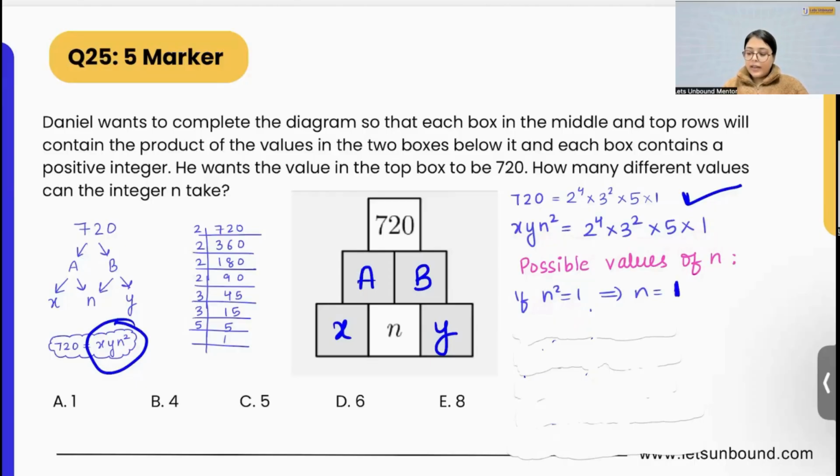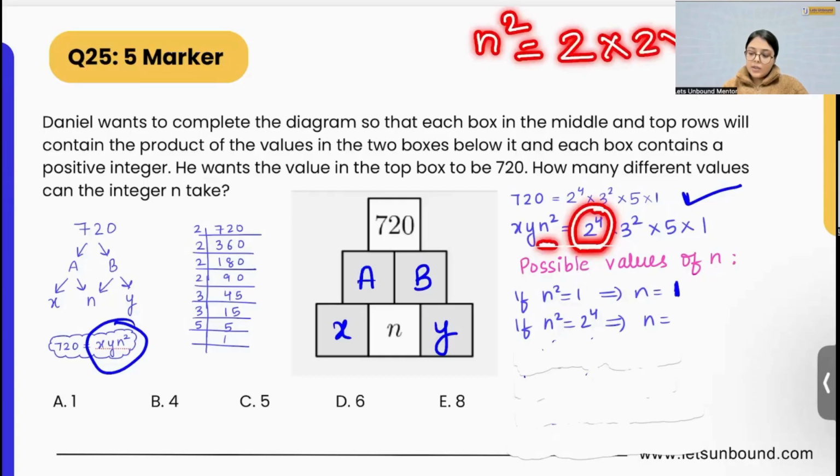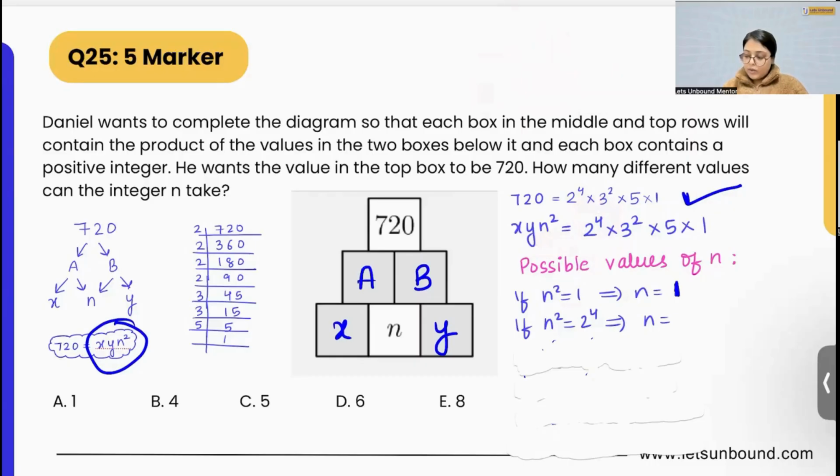Second possibility, if n square is 2 raised to 4. Can you see 2 raised to 4 is there? So what will be n? It will be the root of this. If n square is 2 times 2 times 2 times 2, because 2 raised to 4 means this, then n will be just 2 times 2, that will be 4. So n will be 4.